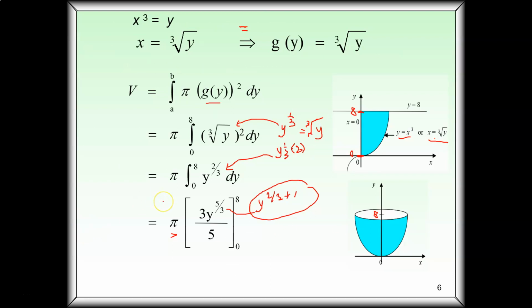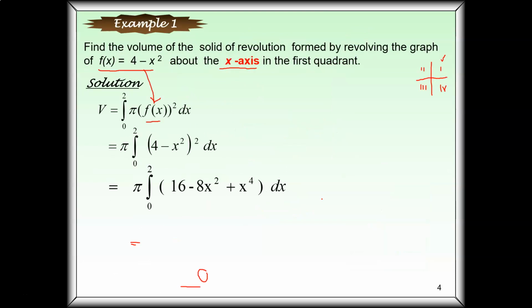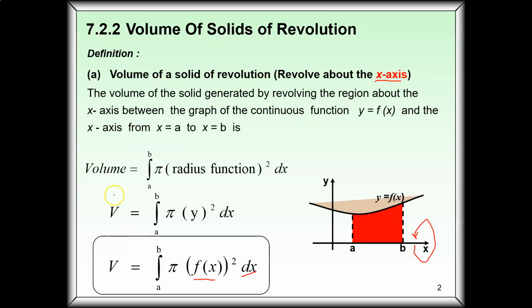Okay, that one is for the first part, when you have to revolve a curve or more than a curve around the x-axis or y-axis. So the formula is the same. The formula you will need to use is pi times the radius function squared dx.